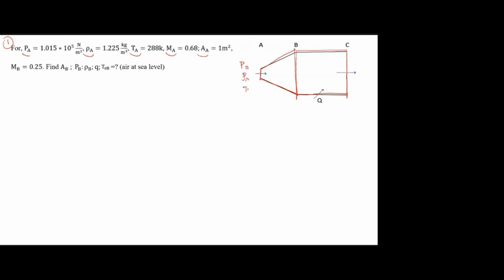Also they have given the Mach number at station B, and I have to find the area at station 2, pressure, density, T naught value, then the Q value. These are all my unknowns: this area, pressure, density, temperature, and this Q.